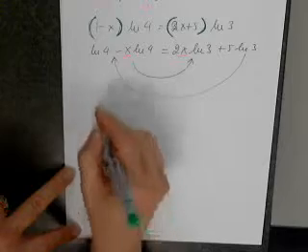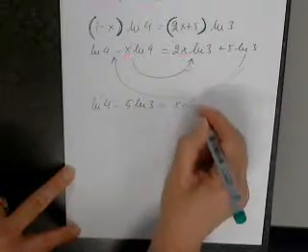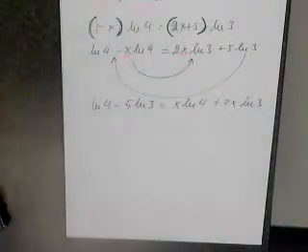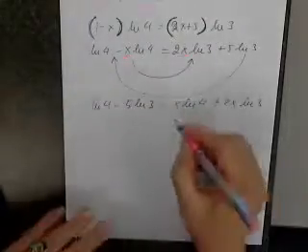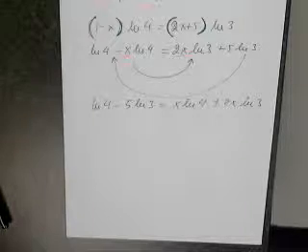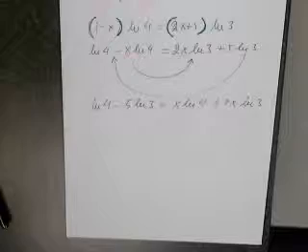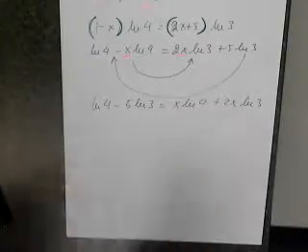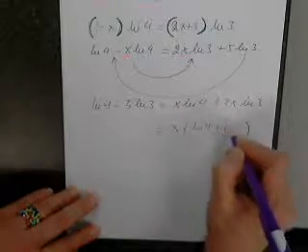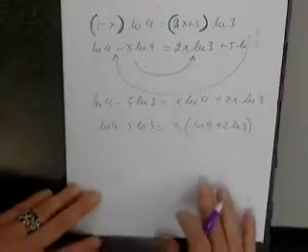It doesn't matter, really. Natural log 4 minus 5 natural log 3 equals x natural log 4 plus 2x natural log 3. Now I have to do something to the right-hand side because those are not like terms. Factor out what? X. Very good. So natural log 4 plus 2 natural log 3, times x, equals natural log 4 minus 5 natural log 3.